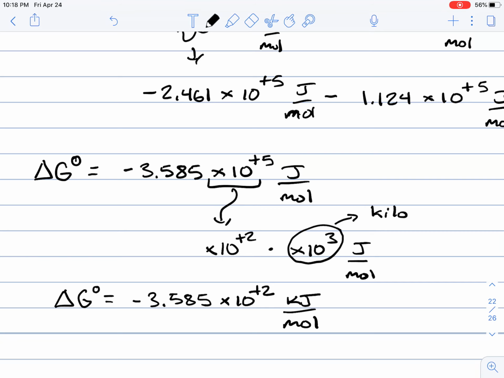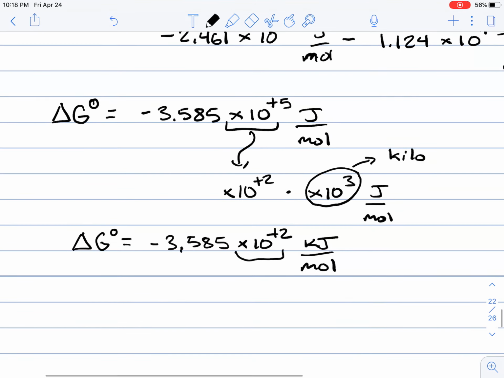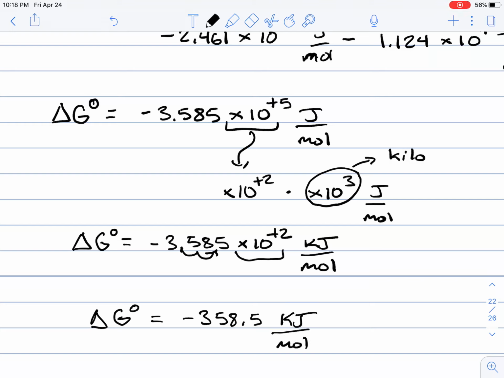Okay. And if I didn't want this scientific notation, I can go ahead and just expand this 2 places to the right. So this is going to be negative 358.5 kilojoules per mole. And so I show you these steps to demonstrate that there's many different ways to express your final answer.